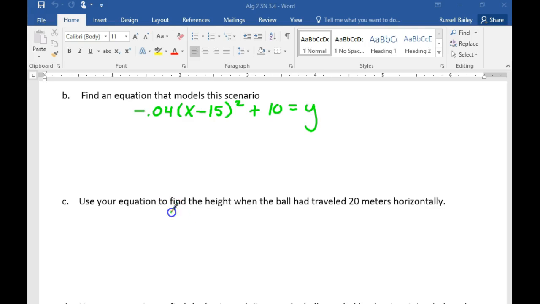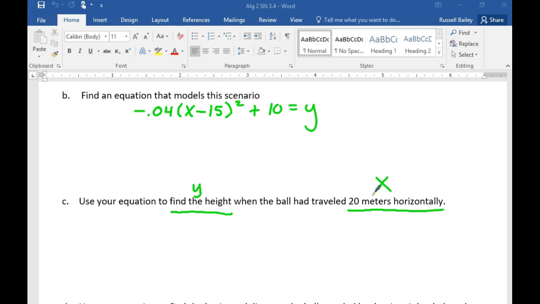What am I finding? We're finding height. That's correct. That's great. Let's label that. Find the height. That means find the y. I'm really glad you said that. When the ball has traveled 20 meters horizontally, what's that? X. That's x. So I'm going to plug what number in? 20.